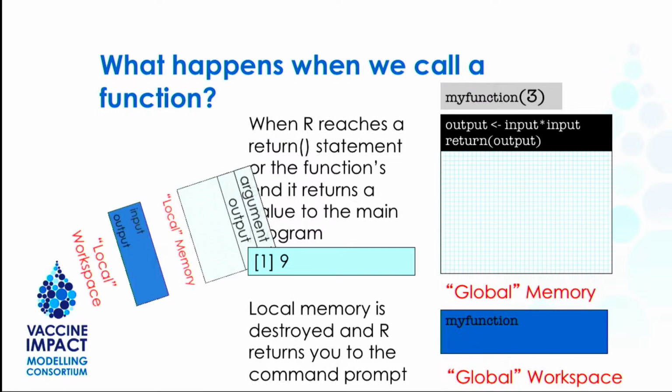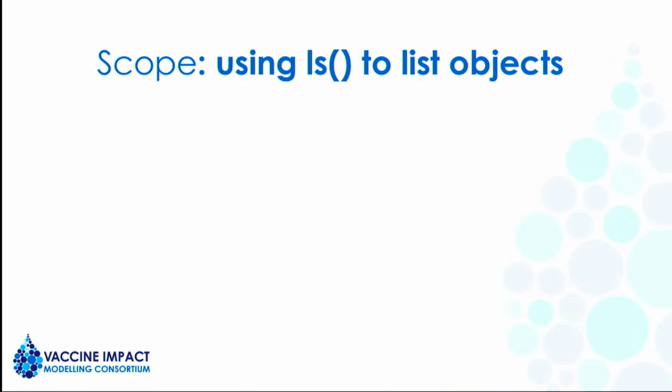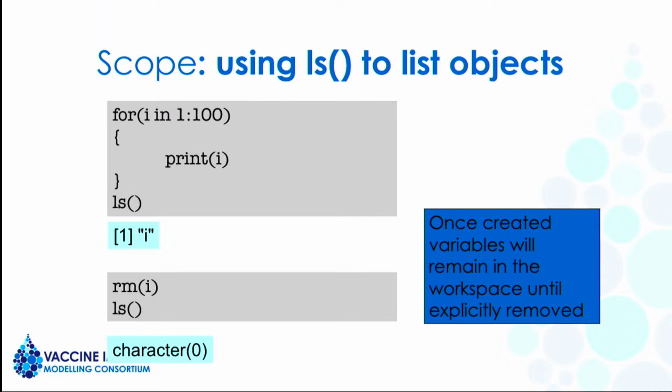And then it destroys that local memory space, and you never need to think about it again. Everything that happens in the function disappears, and we don't need to worry about it. All we get back is the output which the function defines. So, we can see this visually if we write a for loop.